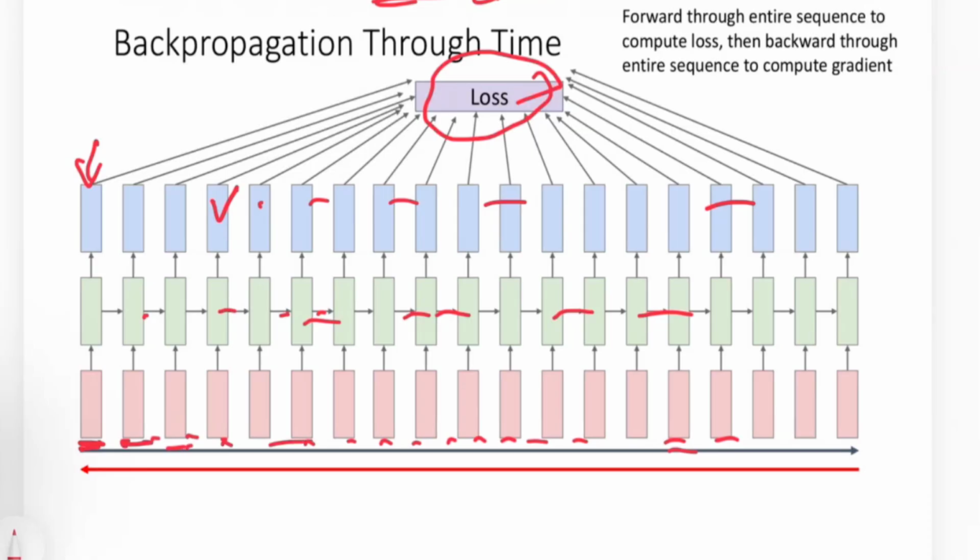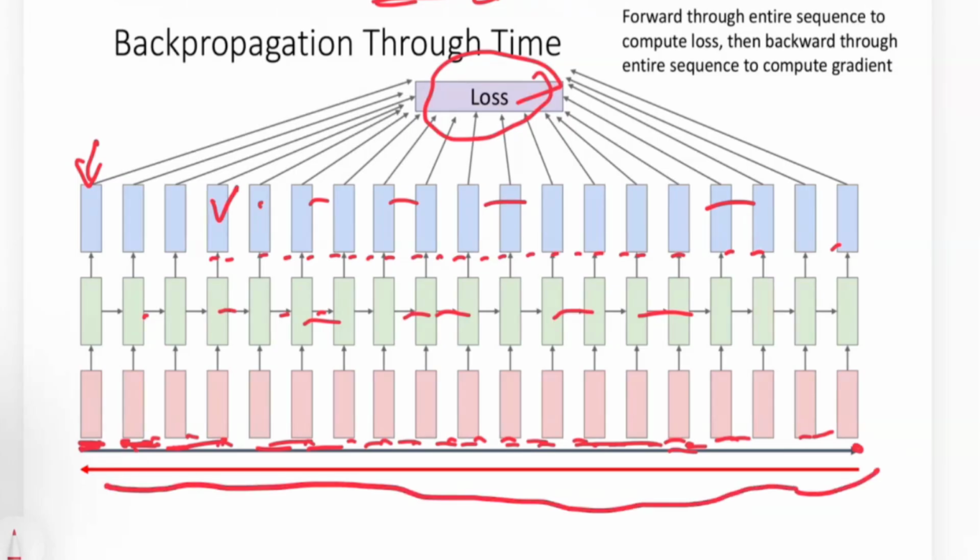If we have n words in the paragraph and you are going to take a decision for that paragraph, you process every word sequentially and generate all the states. Suppose at every state you also get some output. Then you can find the loss with the help of ground truth, at every state you get a loss, and once you complete, you sum all the losses and do the back propagation, just go back.